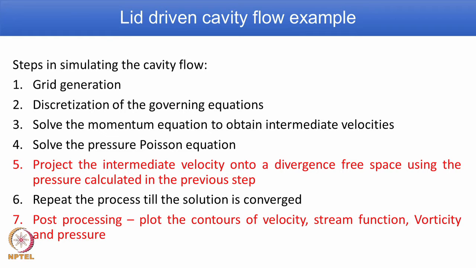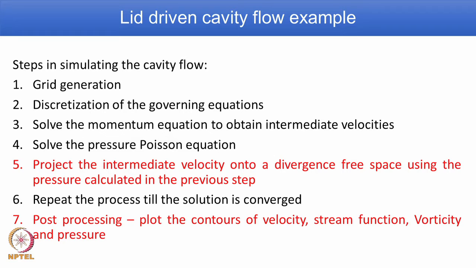Steps involved in doing the simulation of flow in a lid driven cavity are listed here. We already mentioned this in other modules as well. Hence, the fifth step is the one that we are going to see particularly in this module. The fifth step is to project the intermediate velocity onto a divergence free space using the pressure calculated in the projection step.